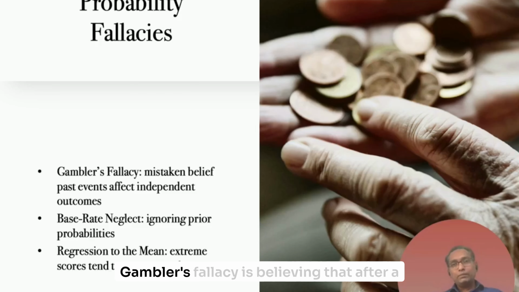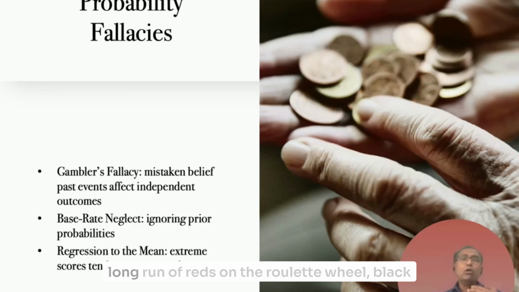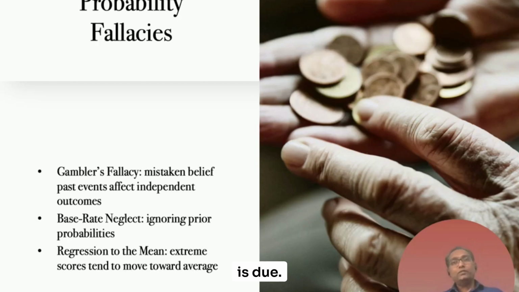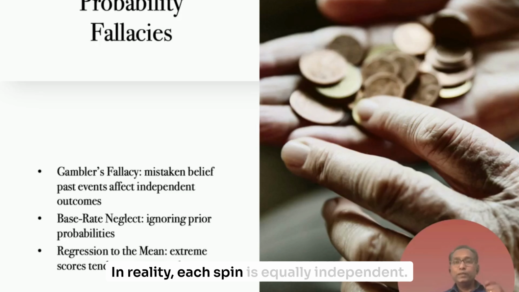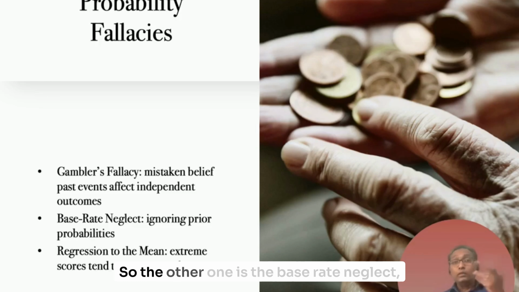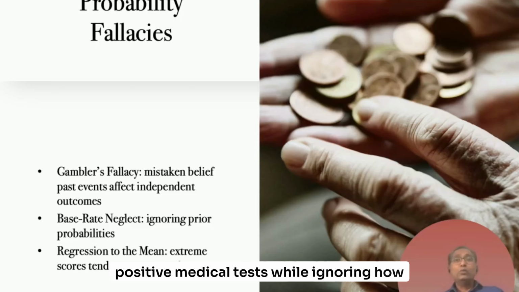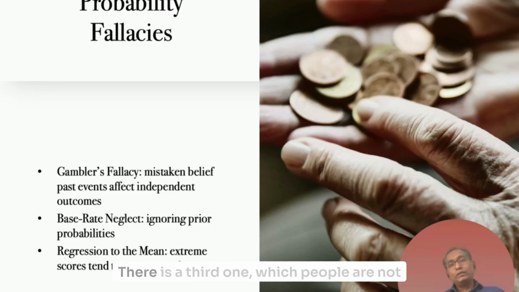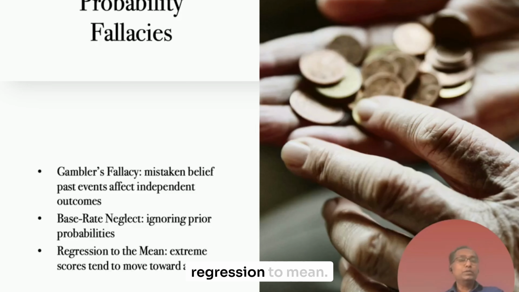Gambler's fallacy. Gambler's fallacy is believing that after a long run of reds on the roulette wheel, black is due. In reality, each spin is equally likely and independent. The other one is the base rate neglect, where you focus on specific evidence like positive medical tests while ignoring how rare the disease actually is. Then there is a third one, which people are not good at understanding, which is the regression to the mean.